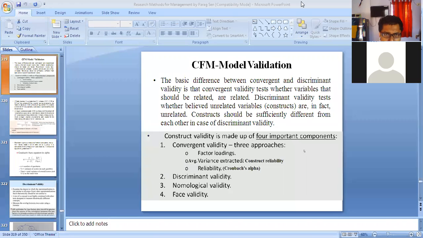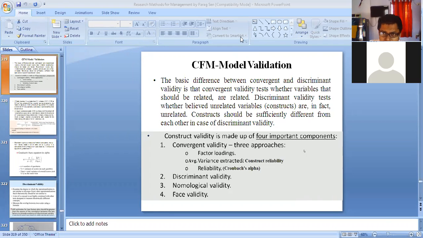There are two parts. One is the confirmatory factor analysis part, or you can say the CFA part.